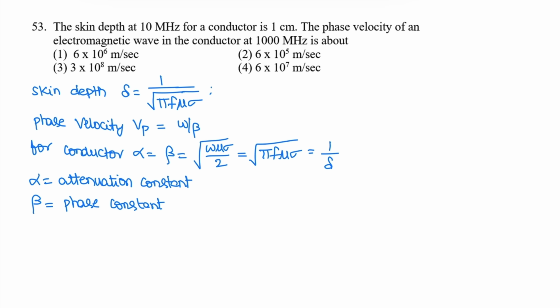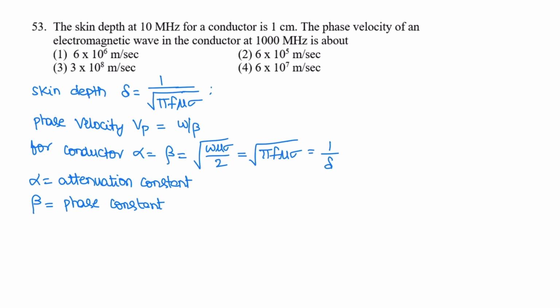Next question. The skin depth at 10 megahertz for a conductor is 1 centimeter. The phase velocity of electromagnetic wave in the conductor at 1000 megahertz or 1 gigahertz is about. As we know, the skin depth delta is 1 by square root of pi f mu sigma, and phase velocity Vp is omega by beta.